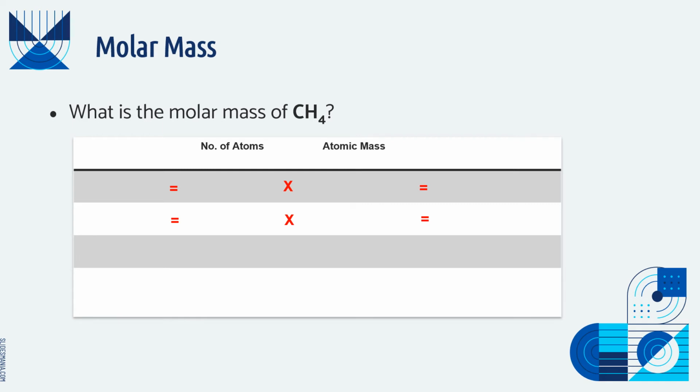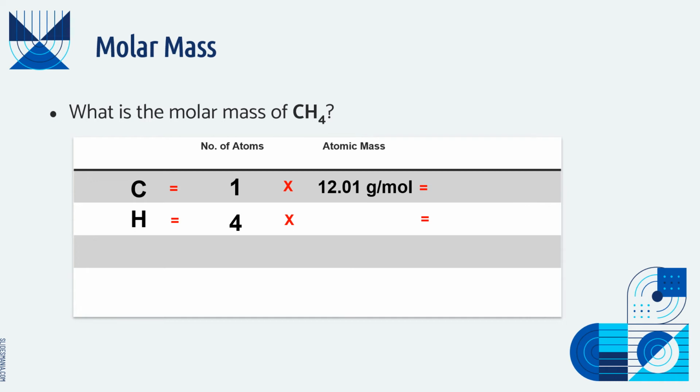Another example, what's the molar mass of CH4? In this molecule, there are two elements, carbon and hydrogen. The number of atoms of carbon in CH4 is only 1. The number of atoms of hydrogen in CH4 is 4. The atomic mass of carbon is 12.01 gram per mole. Where can we get that?